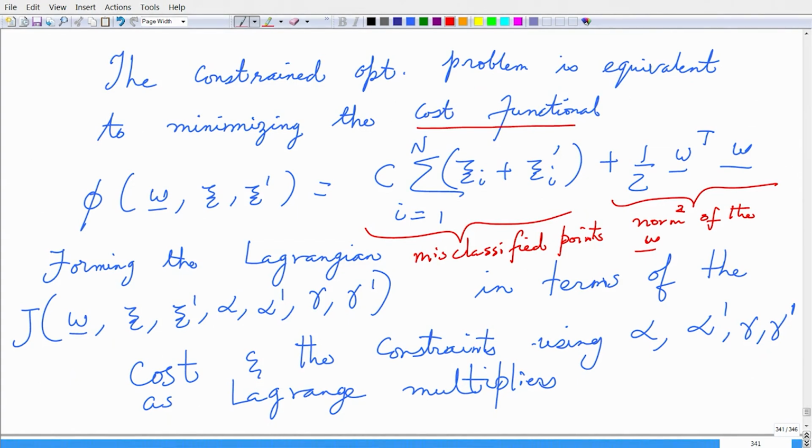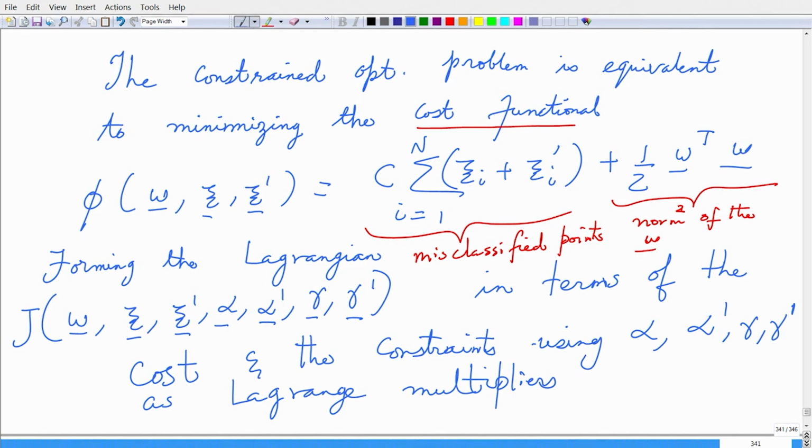W is the weight vector, zeta and zeta prime are the slack variables, and if you want to be savvy you can bring in this notion of a vector here, because I can have all the i equals 1 to n variables stacked to form the vector. Similarly, we have the Lagrange multipliers alpha and alpha prime, and also Lagrange multipliers gamma and gamma prime that correspond to the constraints on the slack variables, because the slack variables have to be non-negative. So I have to bring in the Lagrange multipliers corresponding to that constraint.